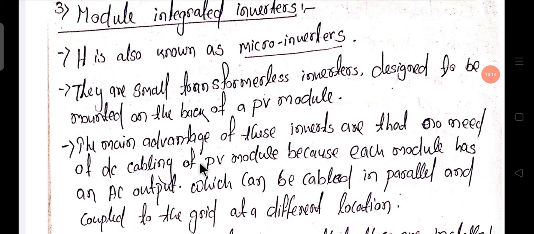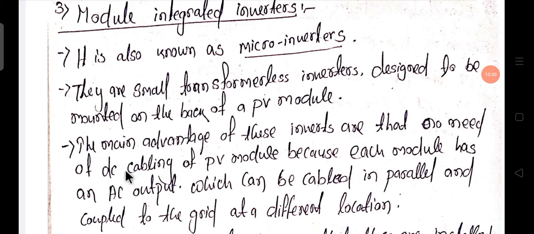The main advantage of this inverter is that there is no need of DC cabling of a PV module, because each module has an AC output.